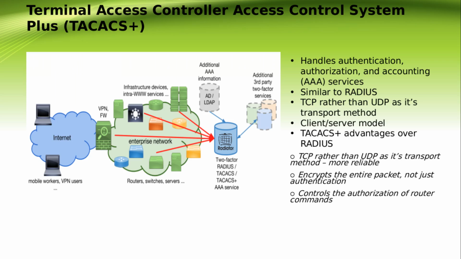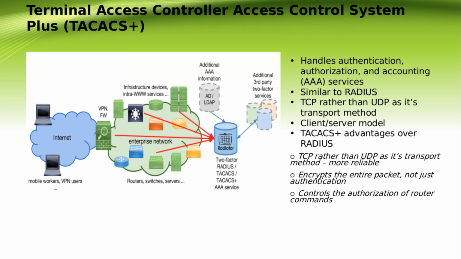It uses port 49 as the default port. TACACS Plus takes a client-server model approach. The client first queries the server. This client is typically a router or firewall used to determine whether the user has proper authentication to access the network. The server sends back a reply stating whether the user passed authentication.